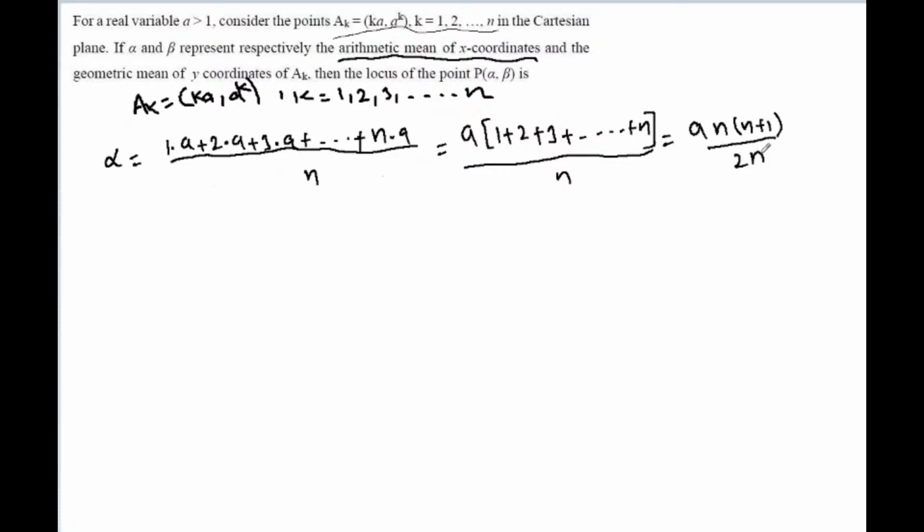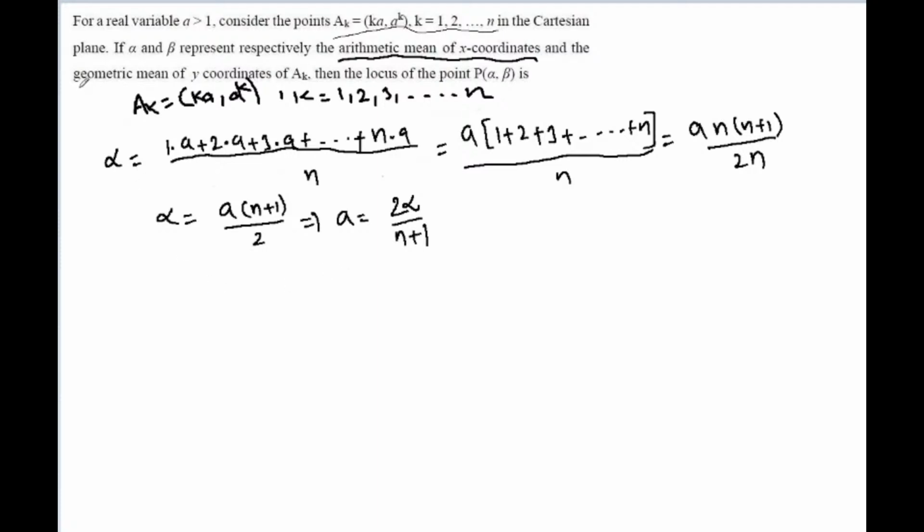Take a common: a into (1 plus 2 plus 3 plus up to n) whole by n, that is equal to a into n(n plus 1) by 2n. Here n is cancelled, therefore alpha is equal to a into (n plus 1) by 2. From this equation, a is equal to 2 alpha by (n plus 1).